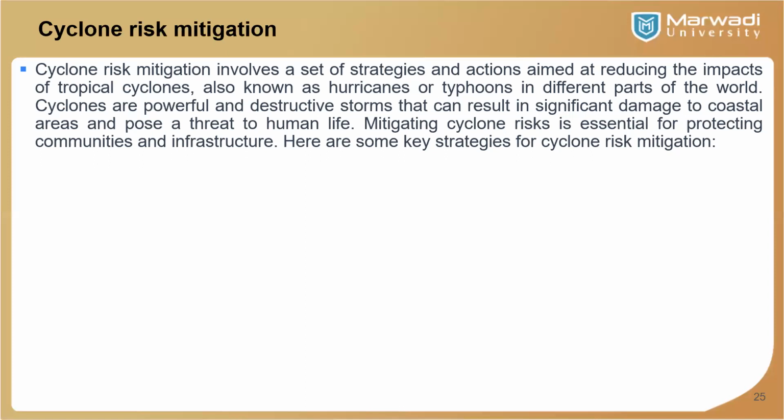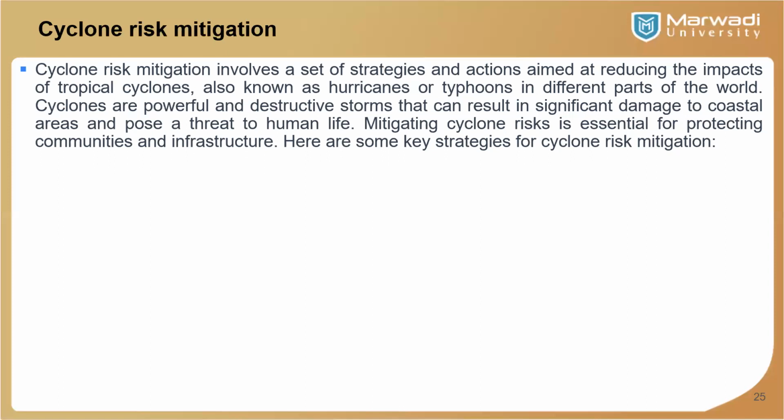Cyclones are powerful and destructive storms that can result in significant damage to coastal areas and pose a threat to human life. So mitigating cyclone risk is essential for protecting communities and infrastructure.